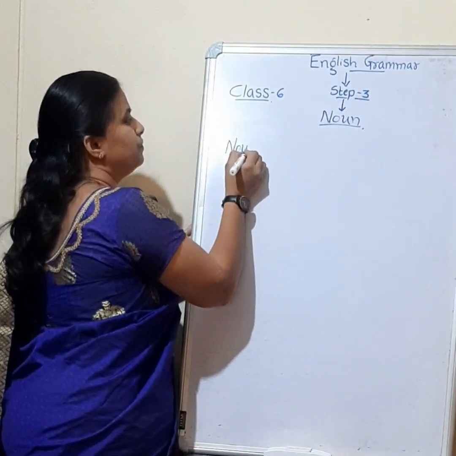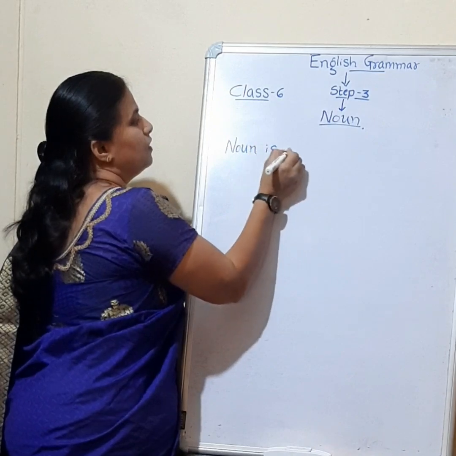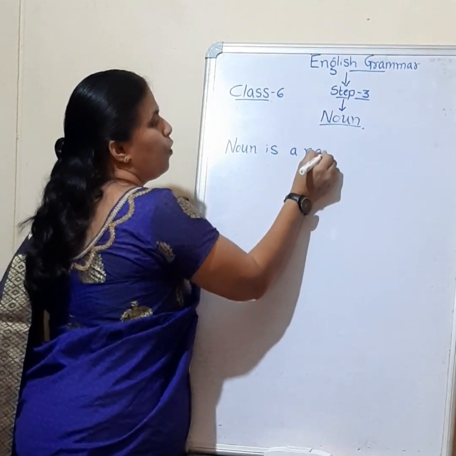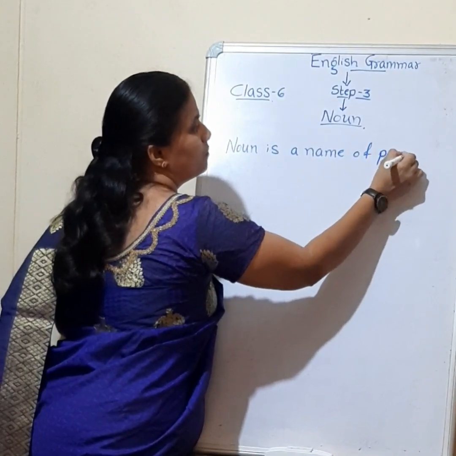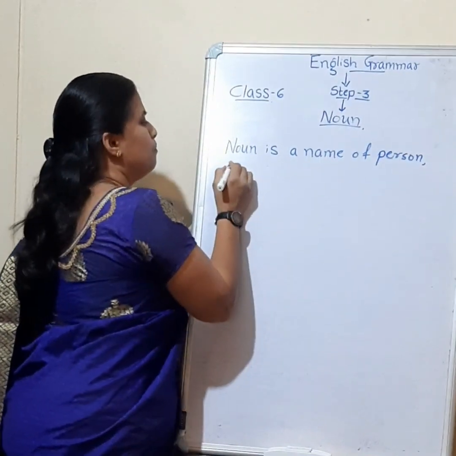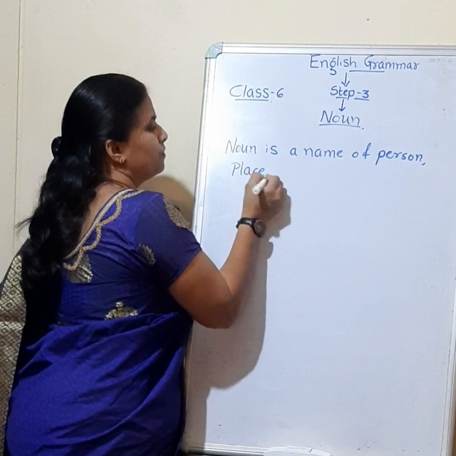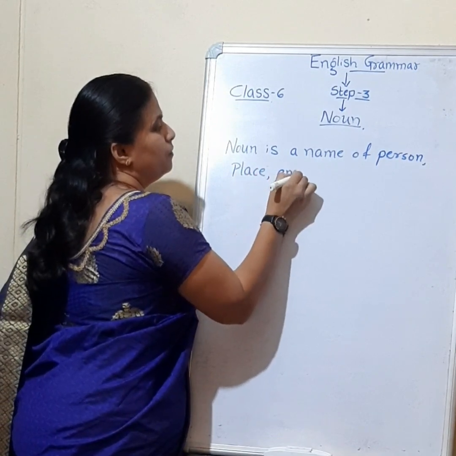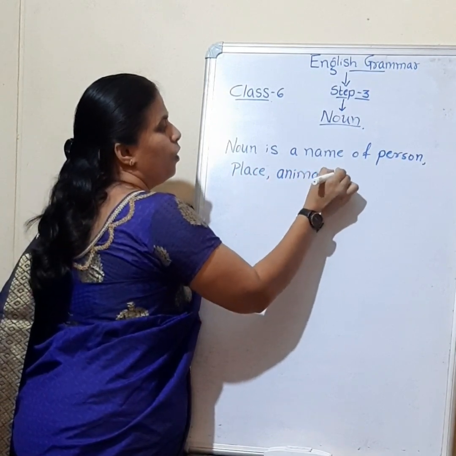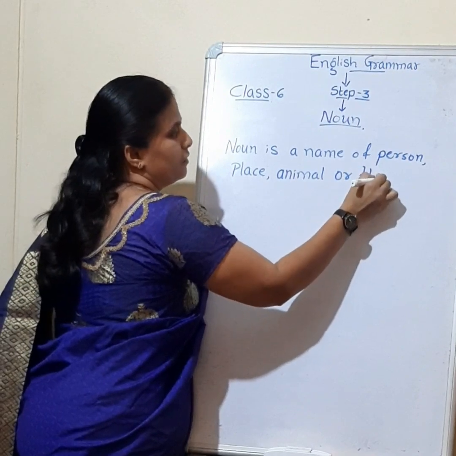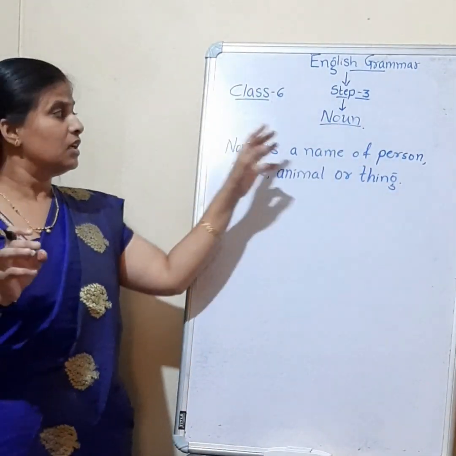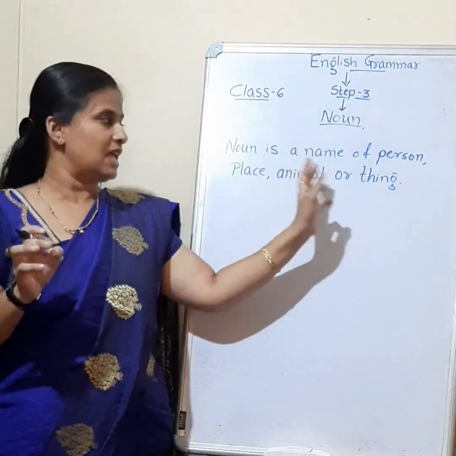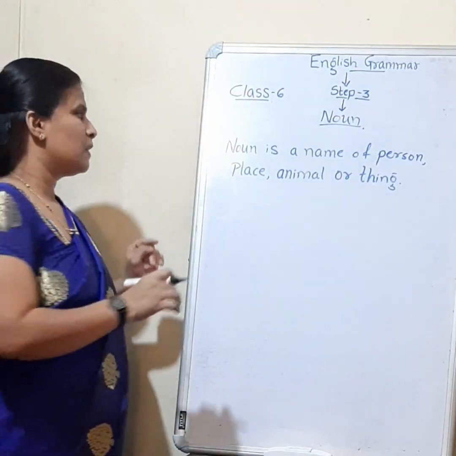Noun is a name of a person, place, animal or thing. So what is a noun? A noun is a name of a person, place, animal or thing.